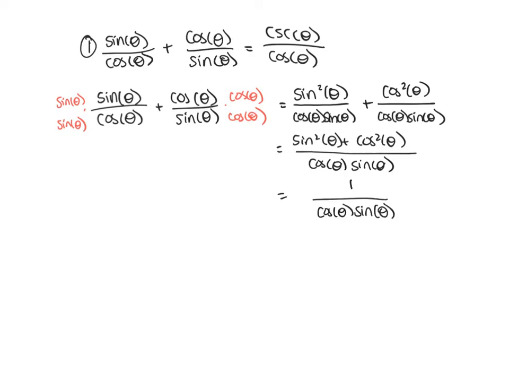Now I take a look at this and I'm a little stuck. And whenever you get a little stuck, you can go back to your original problem, which has the answer. So cosecant of theta over cosine of theta. Well, we already have cosine in our denominator, so let's separate this out. So we have 1 over cosine of theta times 1 over sine of theta. Well, that cosine is supposed to be in the denominator, so I know that's correct.